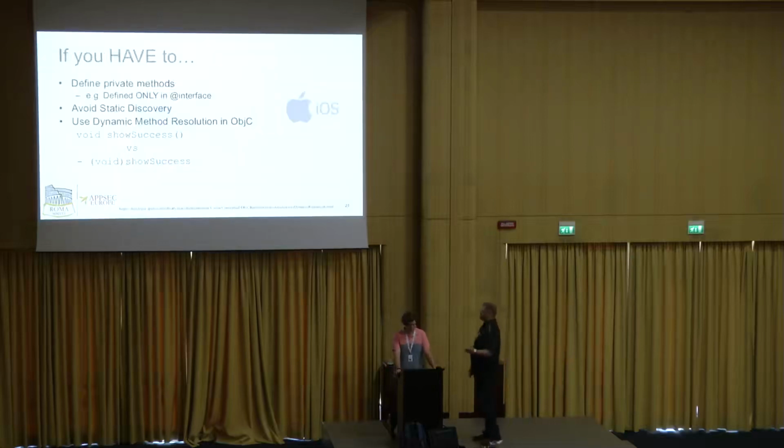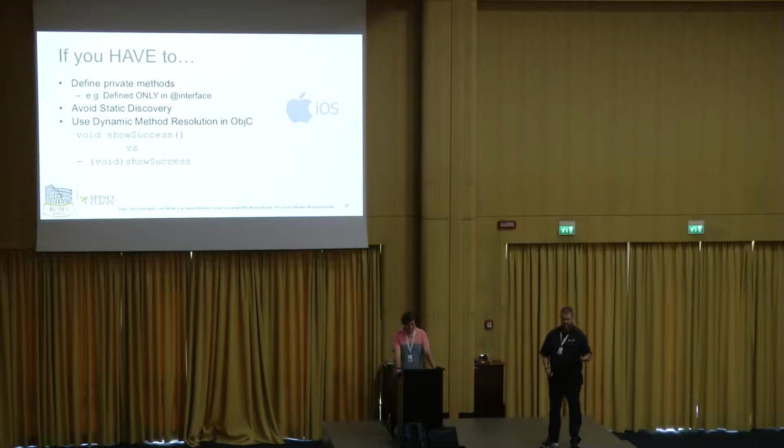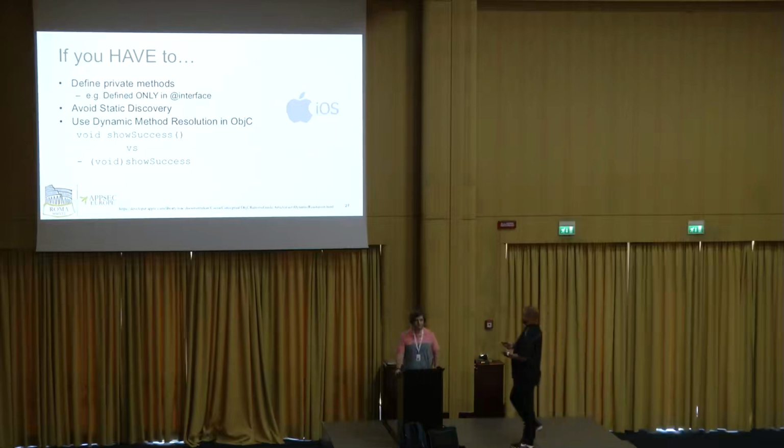So, solutions. If you absolutely have to use the LA context evaluate methods, there's kind of ways to do it with security by obscurity, okay? You can define private methods, but in reality, they're not really private, right? For those of you that do a lot of Objective-C. You can try and avoid static discovery.